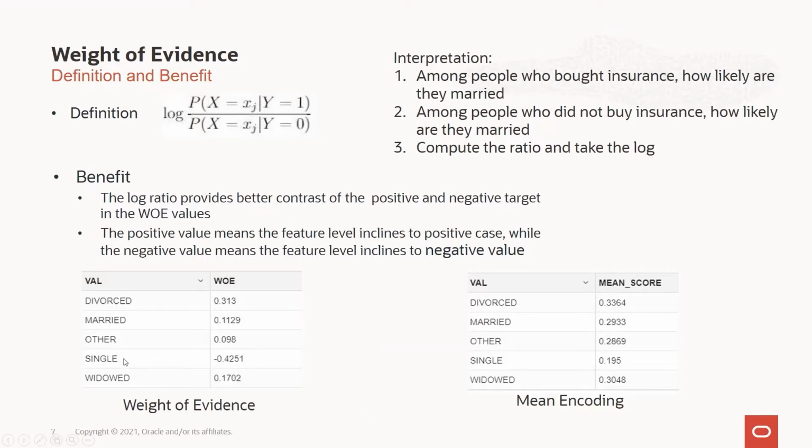And we can directly see that the single person has a negative value here. So this naturally indicates that among the people who bought insurance, there are not too many single persons. For the mean score, this is very low, but it's not that obvious. So that's one of the benefits of weight of evidence.